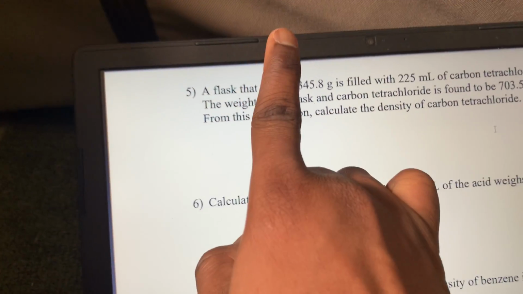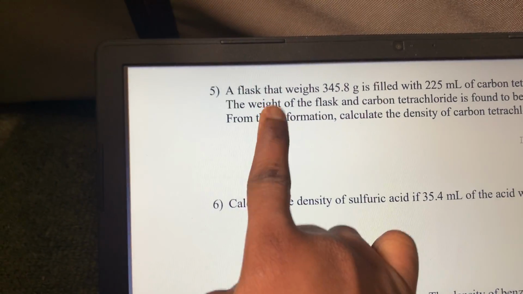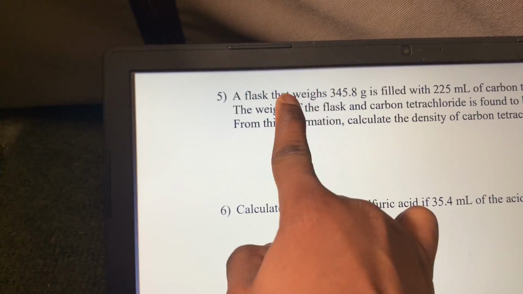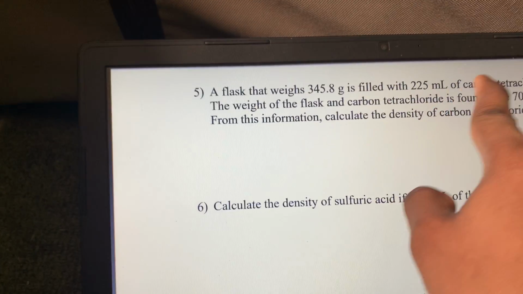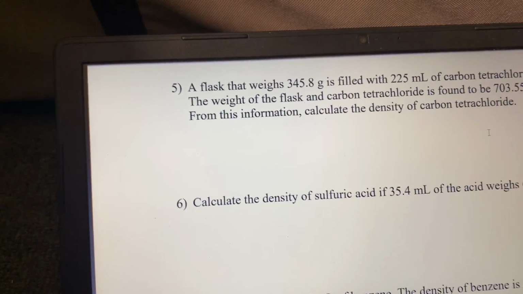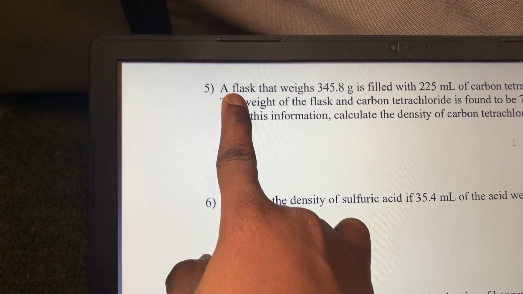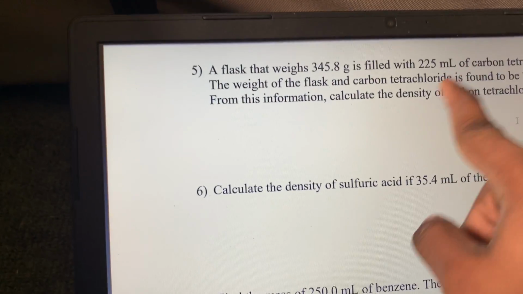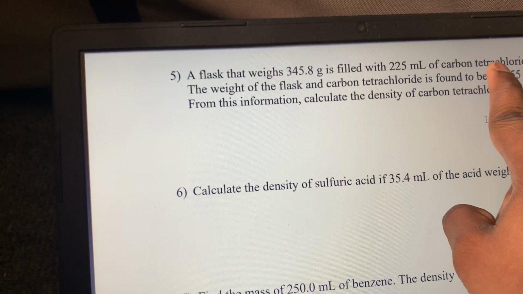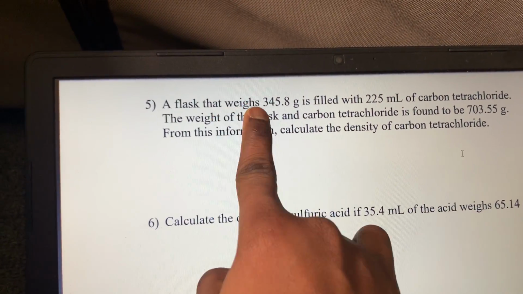This is kind of tricky because they only give you the weight of the flask. They didn't give you the weight of the carbon tetrachloride, and you need the weight of the carbon tetrachloride. You don't need the weight of the flask for your density, because they're asking you to find the density of carbon tetrachloride.